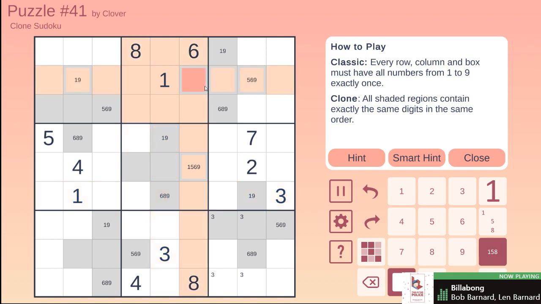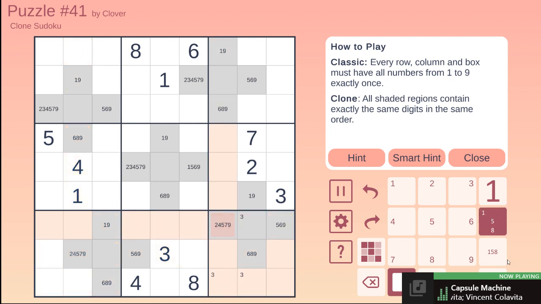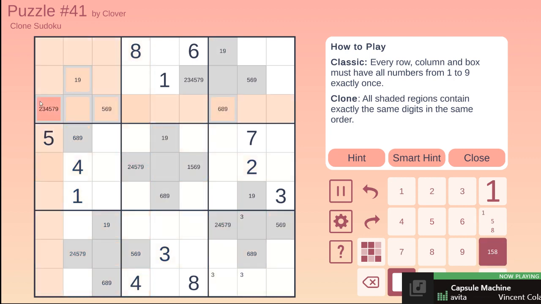This one. 2, 3, 4, 5, 7, 9. Okay. Well, we know this can't be a 3 because there's a 3 looking at it. So let's take the 3 off of here even. What else is looking at these? There's a 4.